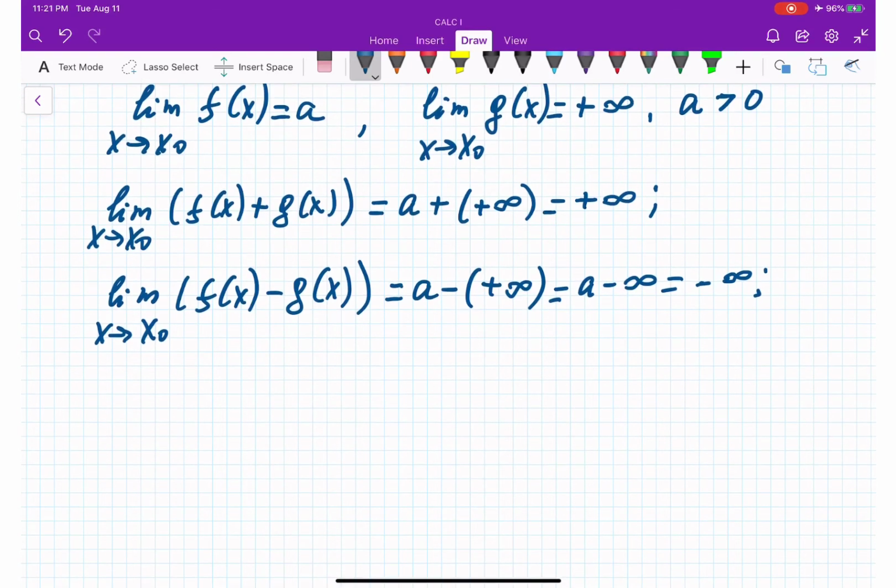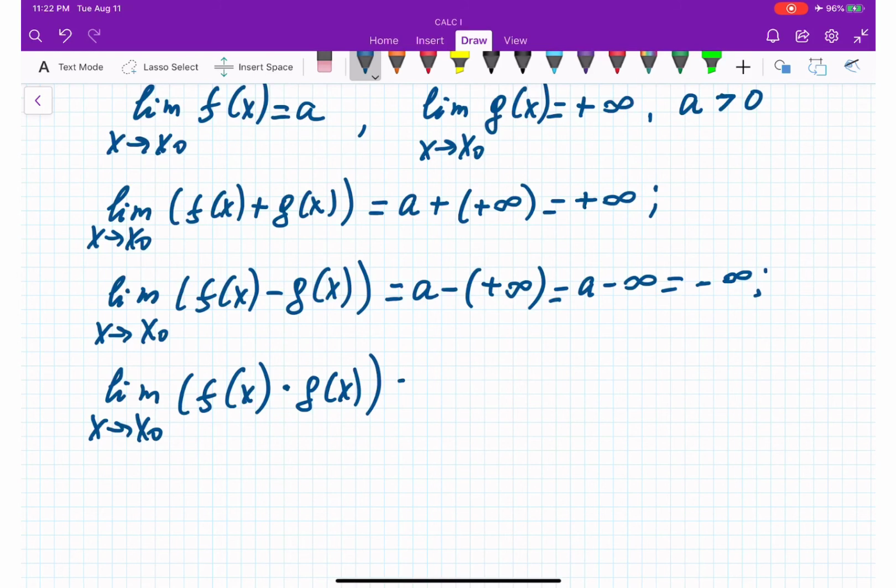Next example, the multiplication property, f of x times g of x as x approaches x0.